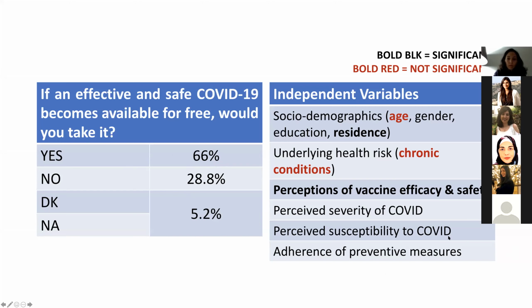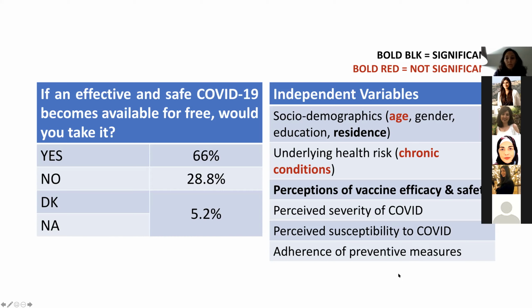It's higher than in Jordan. But I'm not sure about the data in Lebanon yet, because I think the data that I saw was based on a data collection company, not university research. This was before even the vaccine was rolled out.